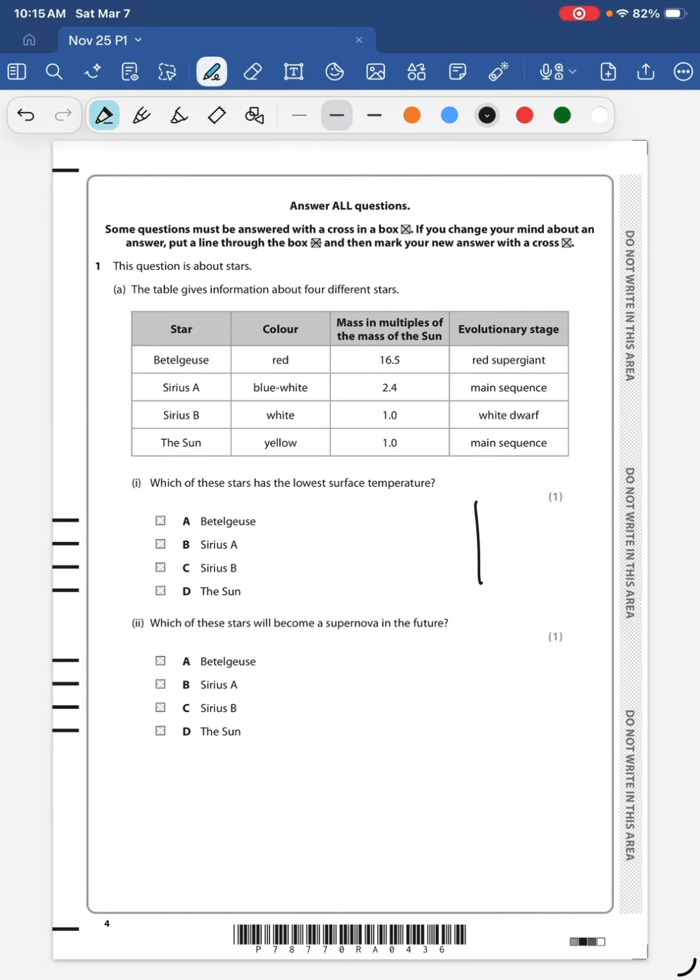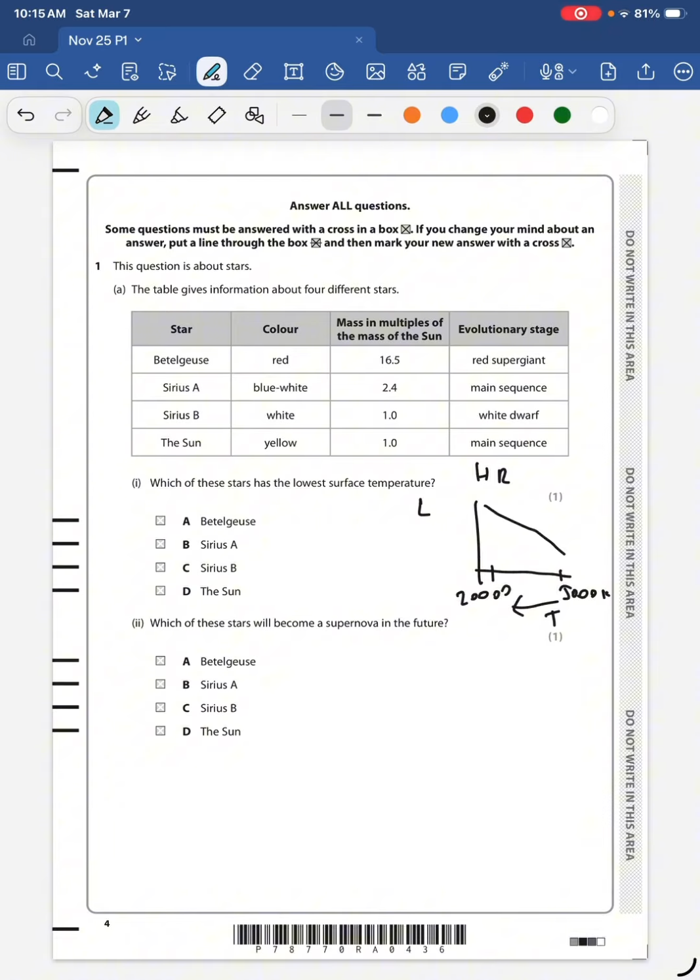So the way to find this is to work with the HR diagram, the Hertzsprung-Russell diagram. The temperature is on the bottom axis and it increases to the left. So if this is 5,000 Kelvin, this is 20,000. And the luminosity is on the vertical axis. It looks something like this.